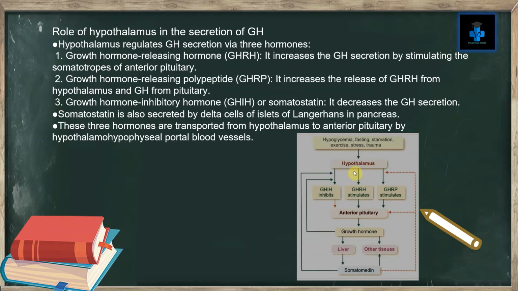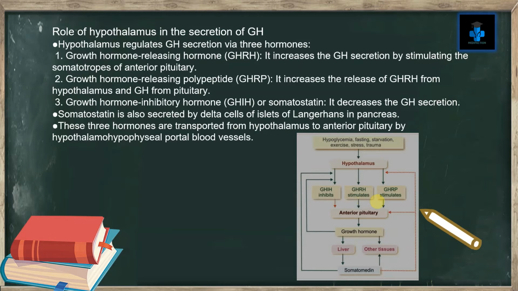It increases the growth hormone secretion by stimulating the somatotropes of anterior pituitary. Number 2 is growth hormone releasing polypeptide. It increases the release of growth hormone releasing hormone from hypothalamus and growth hormone from pituitary.